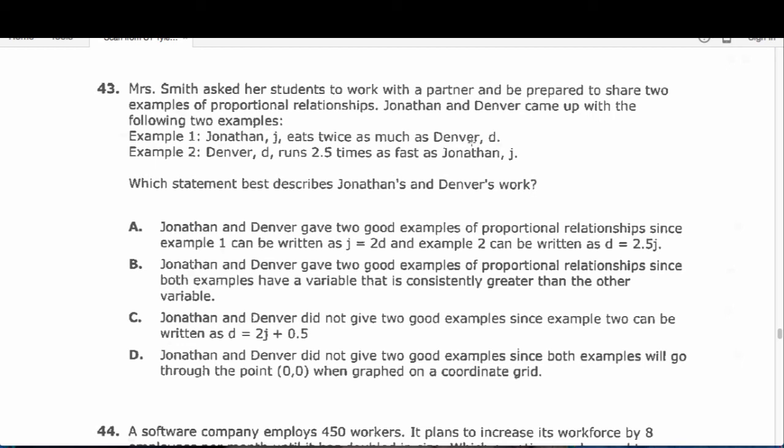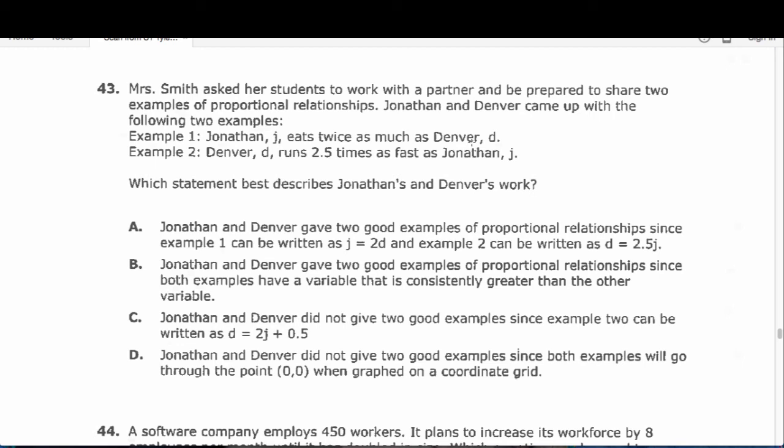A. Jonathan and Denver gave 2 good examples of proportional relationships, since example 1 can be written as J equals 2D and example 2 can be written as D equals 2.5J. B. Jonathan and Denver gave 2 good examples of proportional relationships, since both examples have a variable that is consistently greater than the other variable.